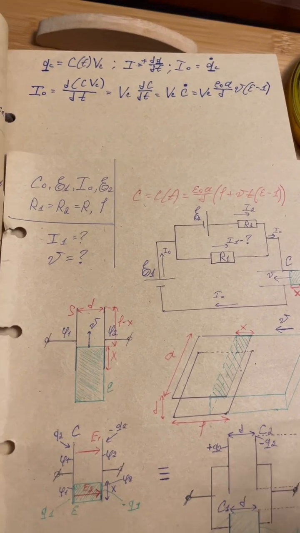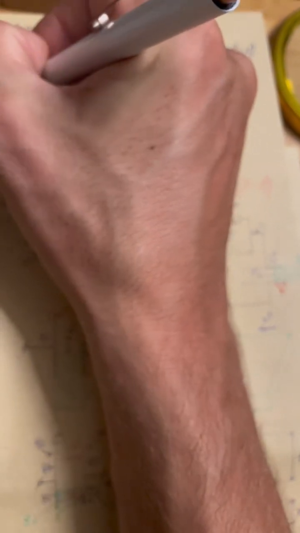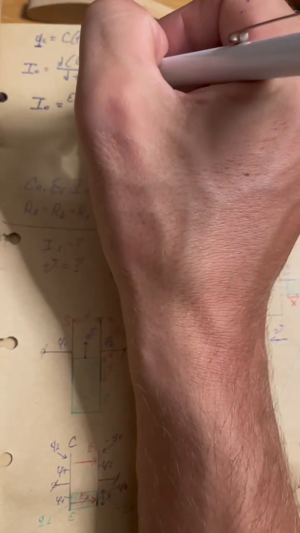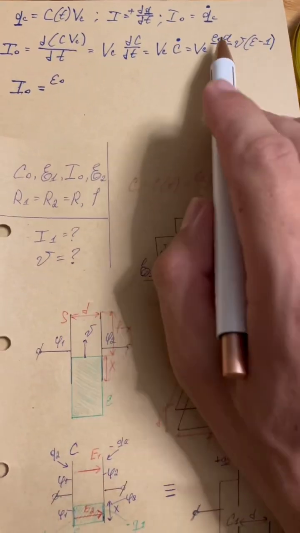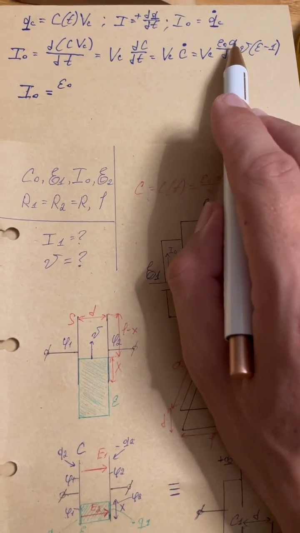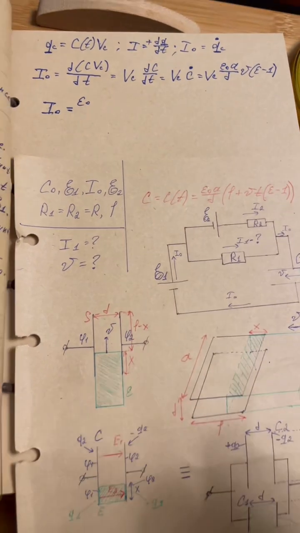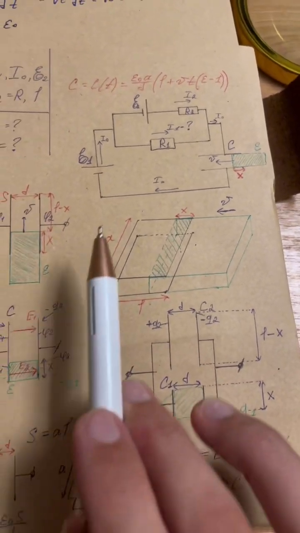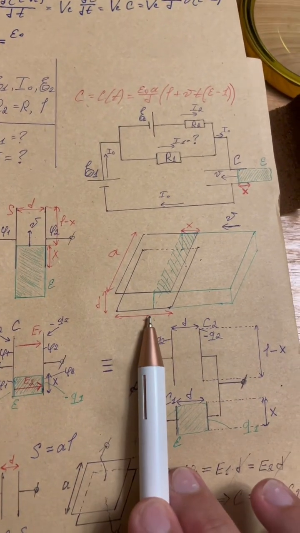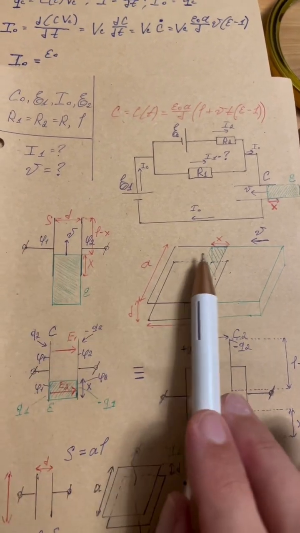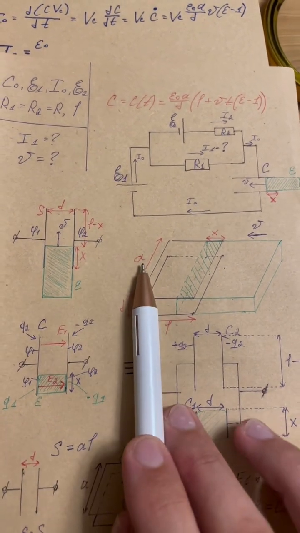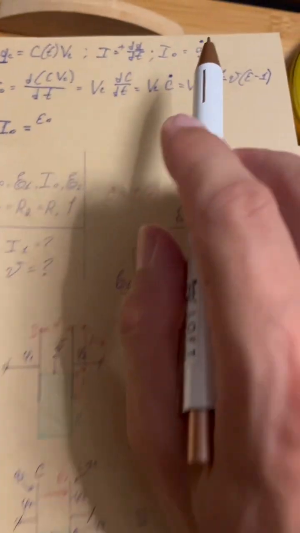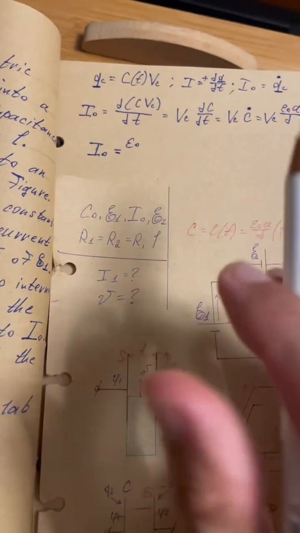So now I can say that the current I0 equals epsilon 0, and you know what I want to do? I want to say that A is S over L, because do you remember, this is the width, this is the length. So S, this is the area of the plates. If I divide the area of the plates by the length, I will get A. So I will substitute it here instead of A, and what I will get?